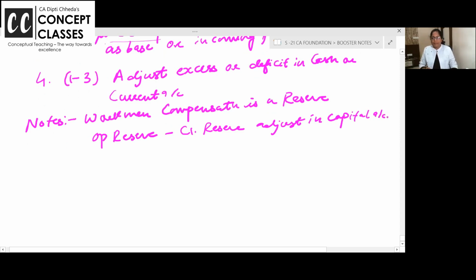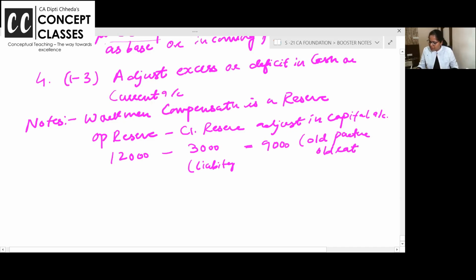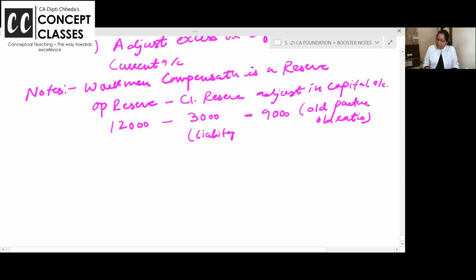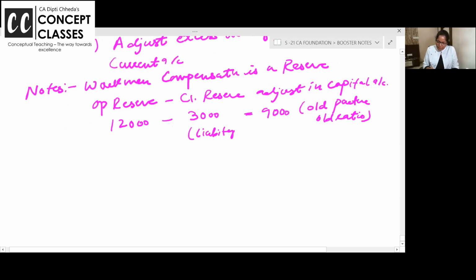I hope you are getting. Workmen's compensation is a reserve. Say opening is 12,000, but closing reserve you need only 3,000. You still have to keep the reserve as a liability. So 9,000 you can adjust in the capital accounts, old partners, old ratio. Next.